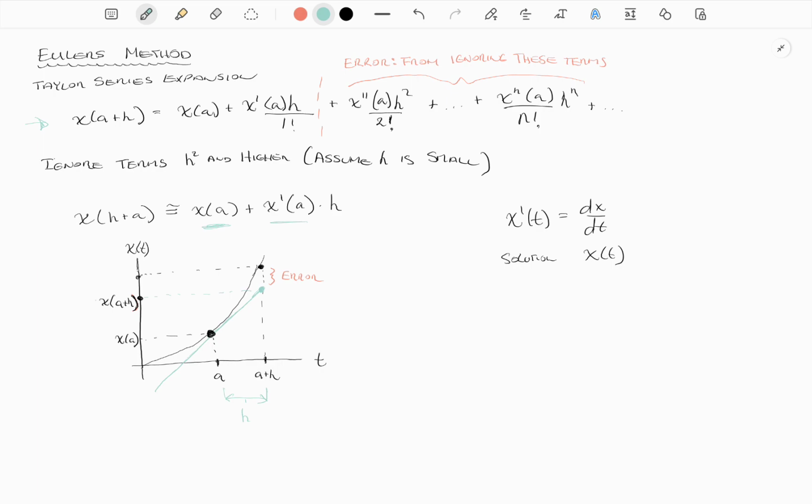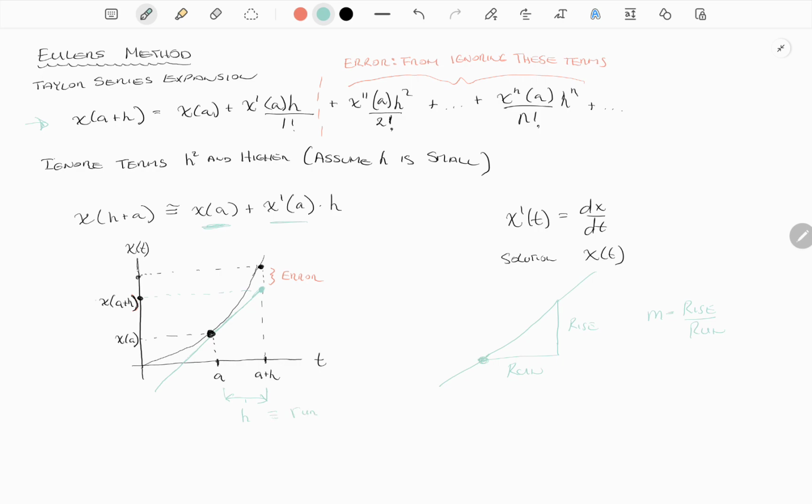Now, if you recall, we have a line. A straight line function has a rise over a run. And m, the slope, is rise over run. H here is identically the run.